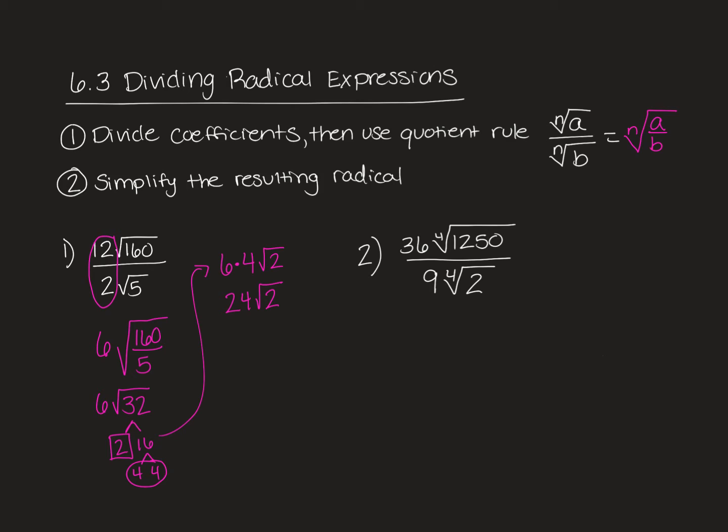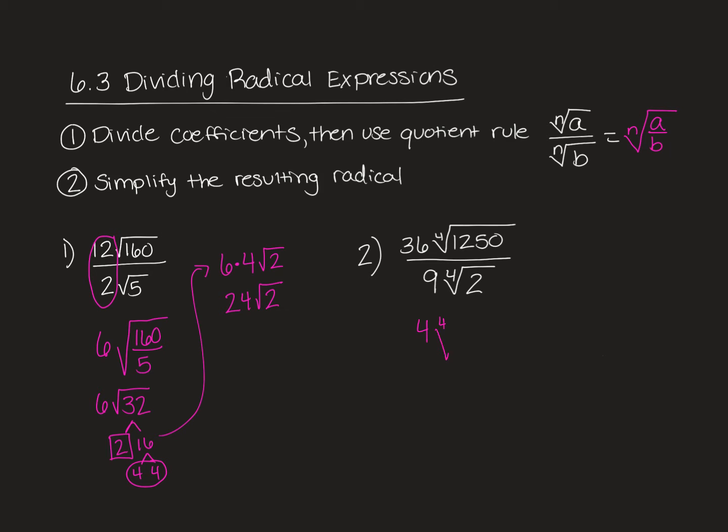So we have 36 fourth root of 1,250 divided by 9 fourth root of 2. A key to dividing radicals is that the index has to be the same, otherwise this is not possible. So divide your coefficients. 36 divided by 9 is 4.